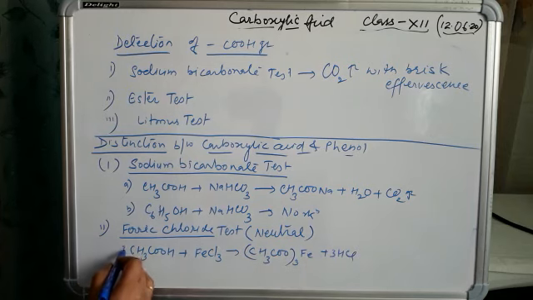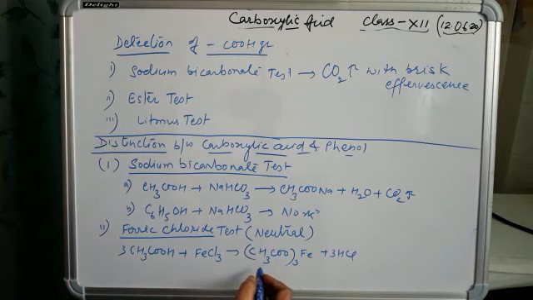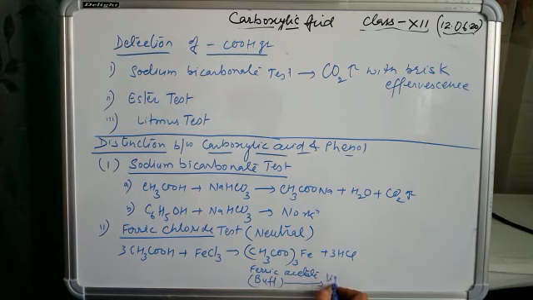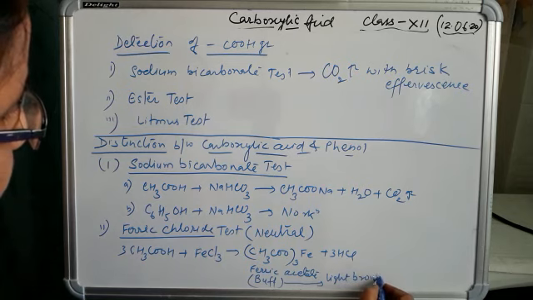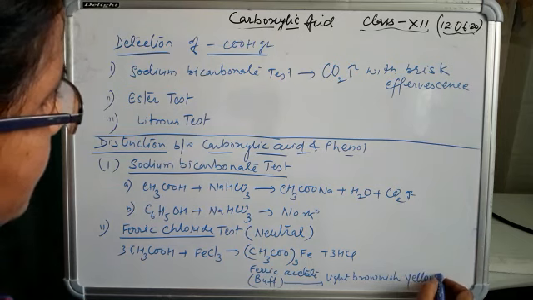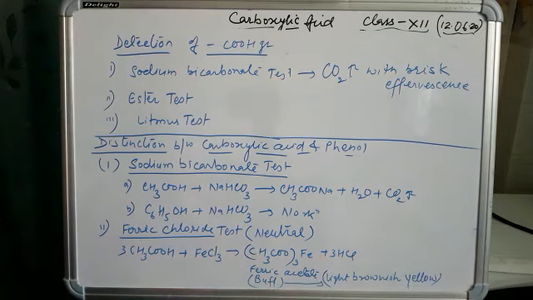You can balance it also. And this ferric acetate compound is buff color. Buff color means light brownish yellow color, we commonly call it buff color.